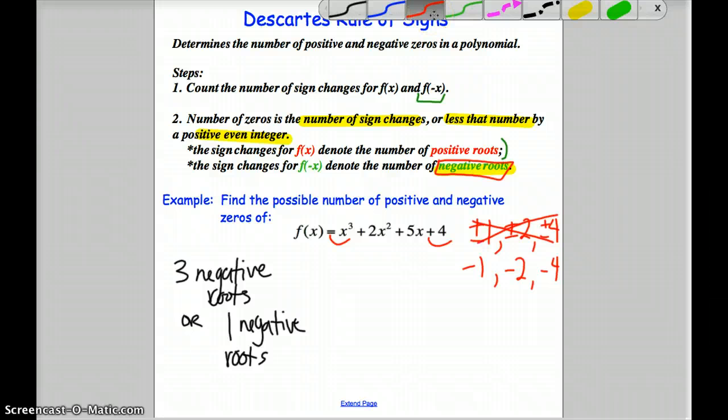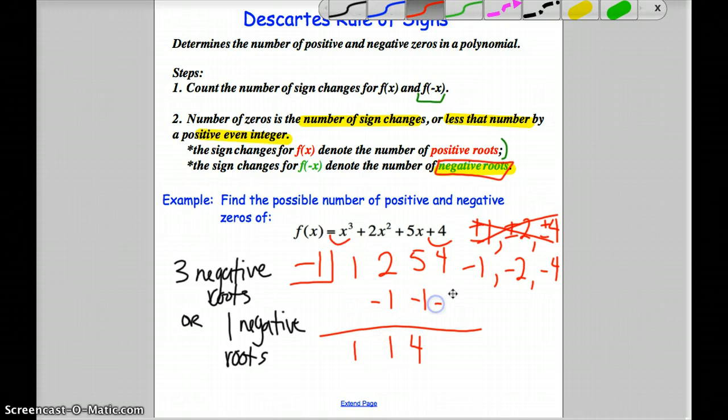So now if I test negative 1 into my synthetic division, drop the 1, multiply, multiply, multiply. I see negative 1 works. Okay? So negative 1 is a root. I still want to test one of those 2. But let's think about it.